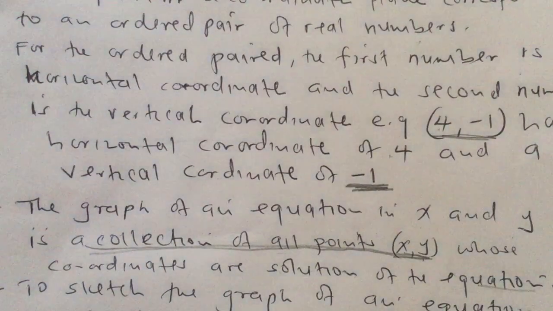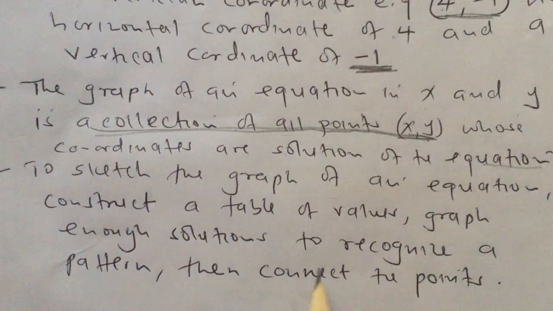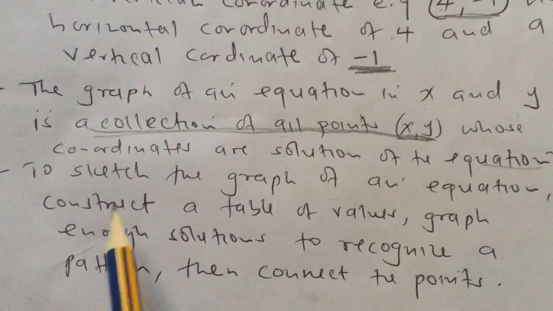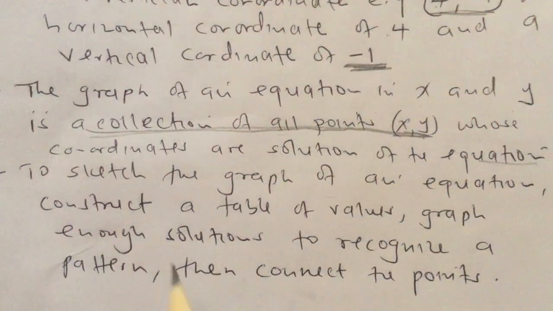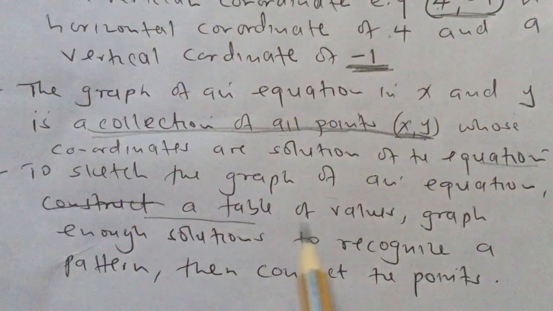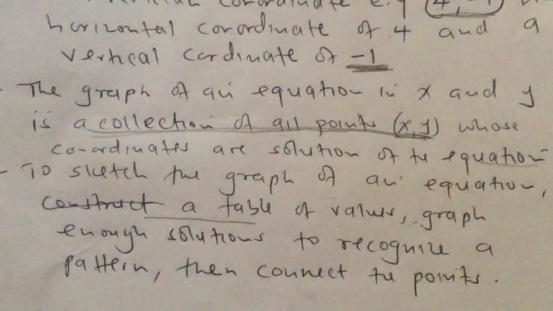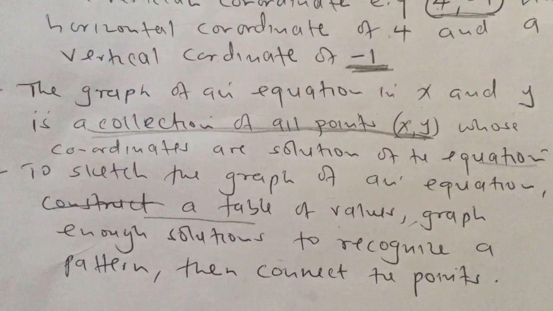For example, to sketch the graph of any given equation, first of all we have to construct a table of values and then graph enough solutions to recognize the pattern.